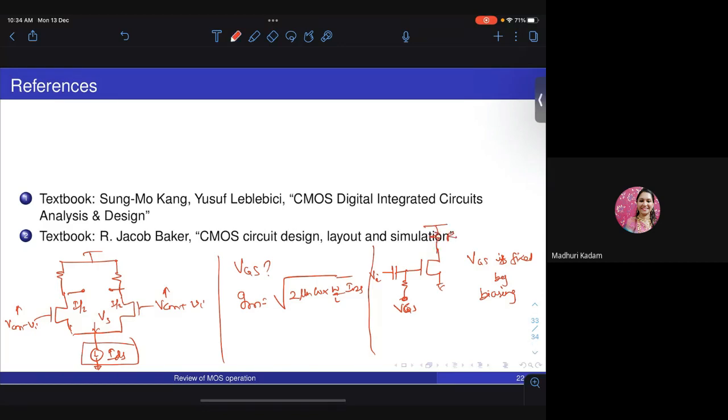ID depends on other things like the supply voltage used and the resistance at the drain. It's not fixed by the biasing circuit as such. So in this case, you will use the first equation for GM, which is mu n Cox W by L into VGS minus VTN.